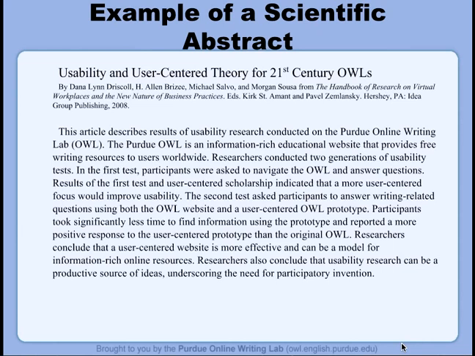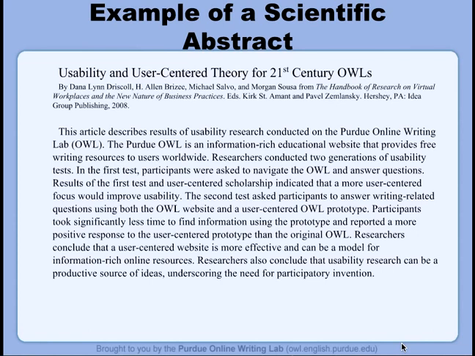Here's an example of a well-written abstract. This article contains results of usable research conducted on the Purdue Online Writing Lab. The Purdue Online Writing Lab is an information-rich educational website that provides free writing resources to users worldwide.